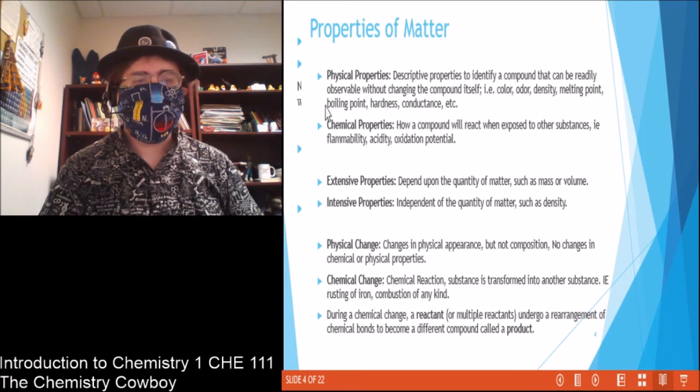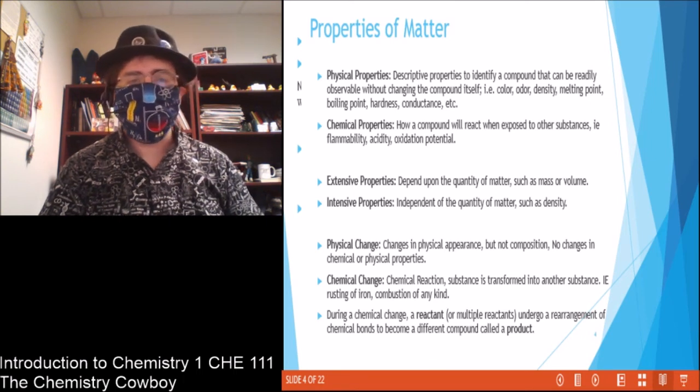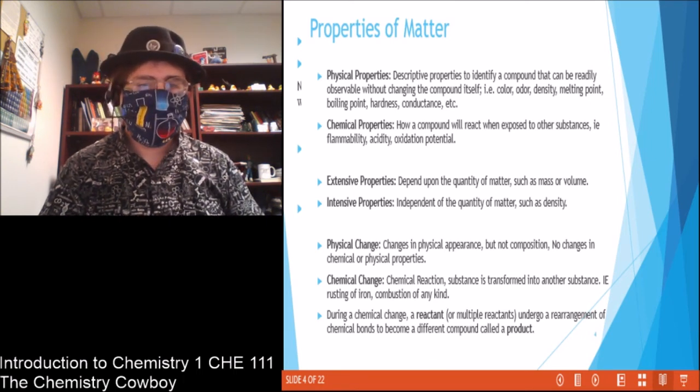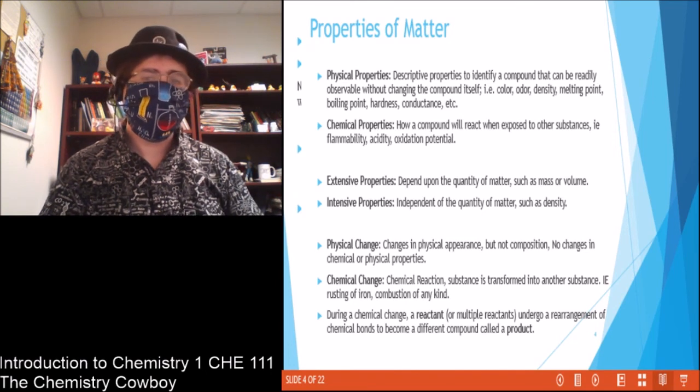So first, physical properties. A physical property is a descriptive property that we can observe without changing the compound. So you can observe its color without changing its color. You can observe its odor. We can weigh it to find its density. We can melt it. But melting goes from solid to liquid. How is that not changing its properties?